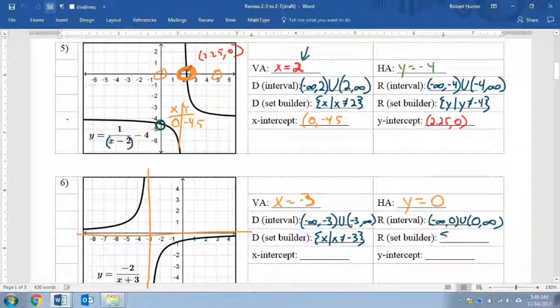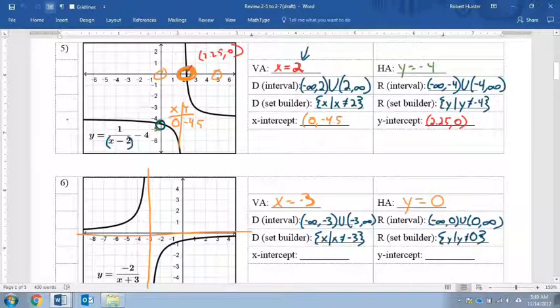And for set builder, it's the same idea. Oh, you can do better than that. There you go, y does not equal 0. The last thing you need is x and y intercepts. You know what I just realized?